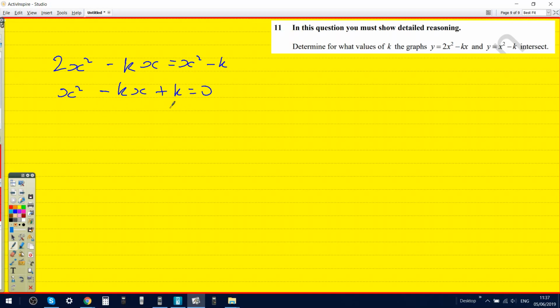Because of that unknown, you can't actually find the solutions for x or the value for k, but you can find the number of solutions that will exist. So b squared minus 4ac. What pushes us to find the discriminant is the lack of information.